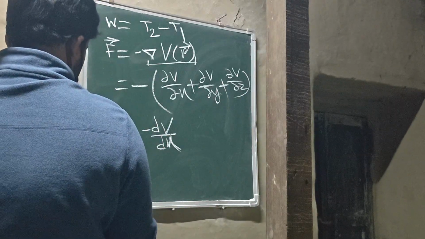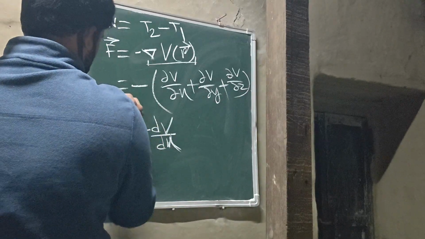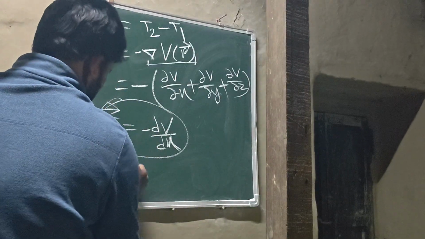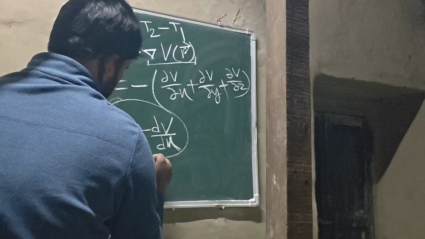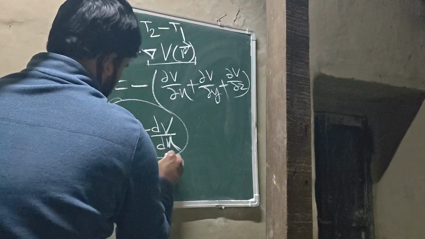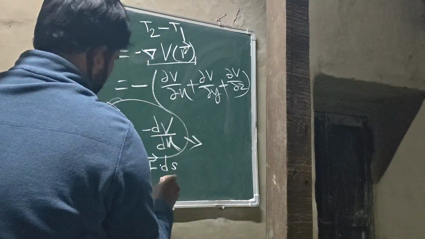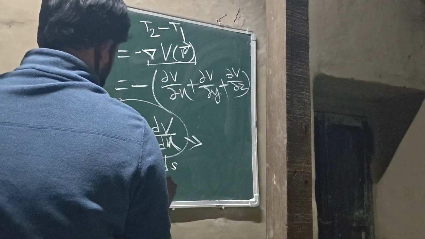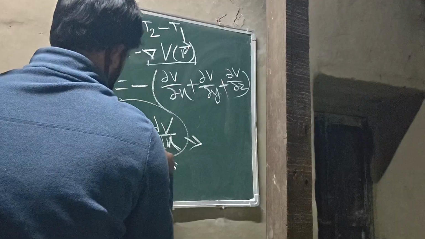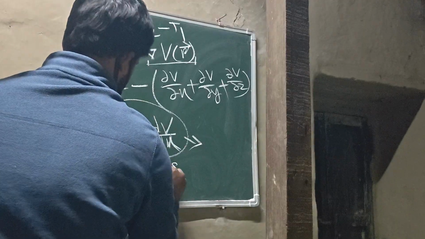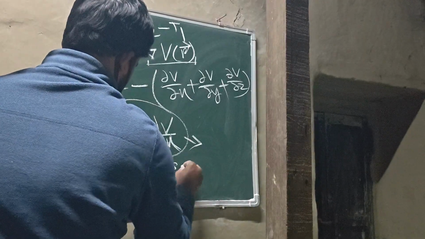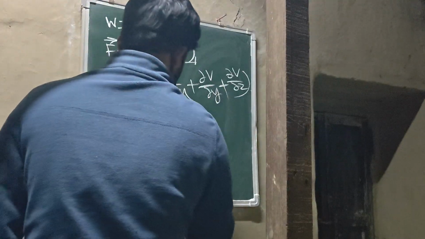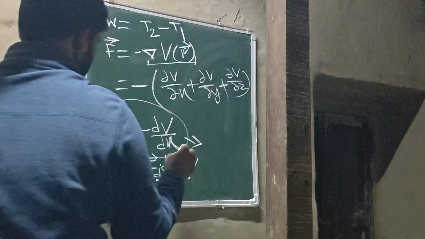Now infinitesimal work done, from this formula we get dW equals F dot ds. Now from this formula we get dW equals the value of F, that means minus dV by dx dot ds. This is the infinitesimal displacement, means infinitesimal distance.